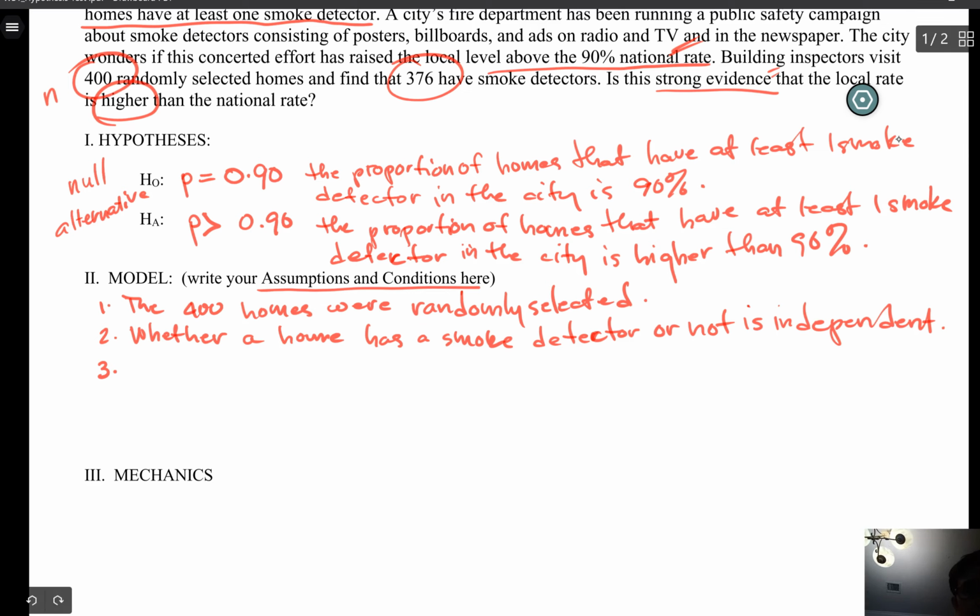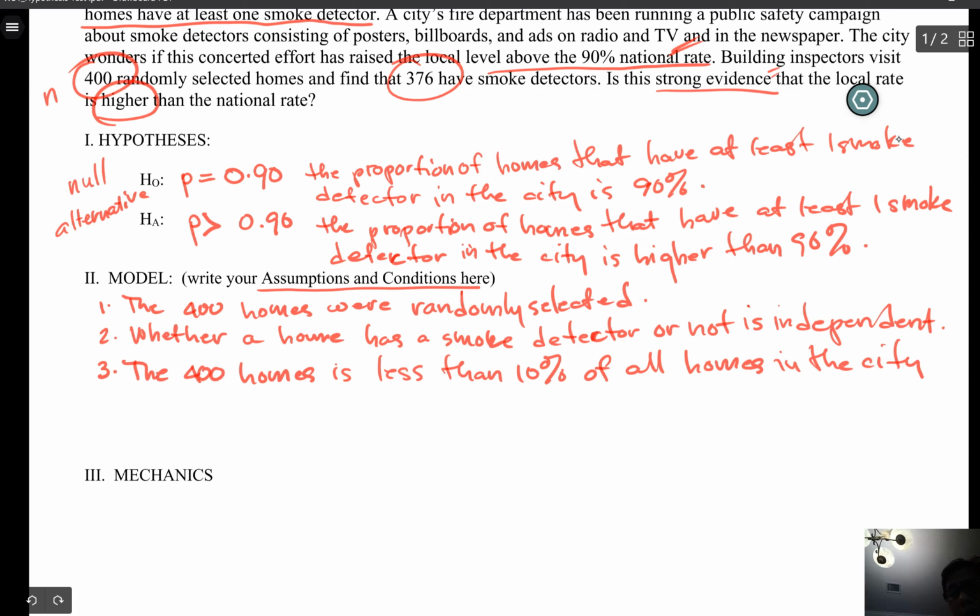So we are going to say the 400 homes is less than 10% of all homes in the city.